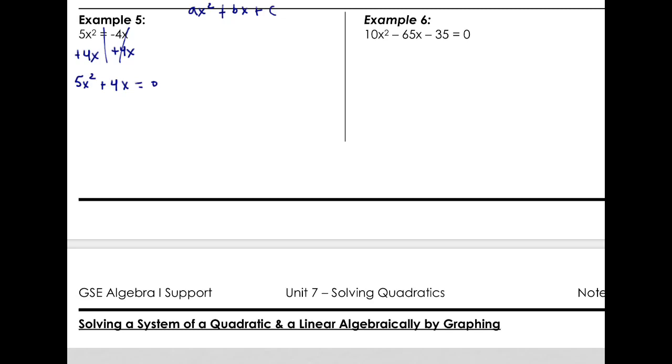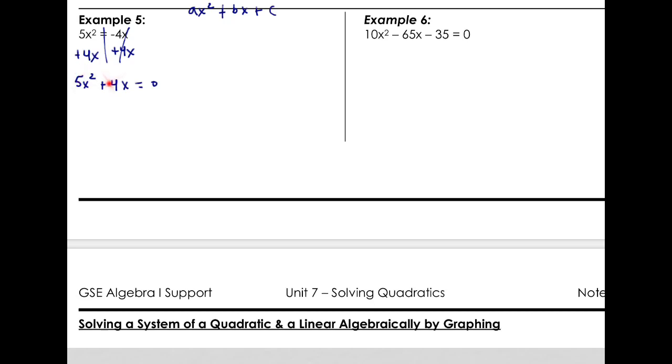All right, so this one is a little bit different, so we have to pay very close attention to this. But you got to know when to do the shortcut and when not to do the shortcut. Okay, so see, here we have two terms. Normally you'd look for a difference of two squares, but there's no subtraction sign there. And so now, the first thing you always look for is the greatest common factor.